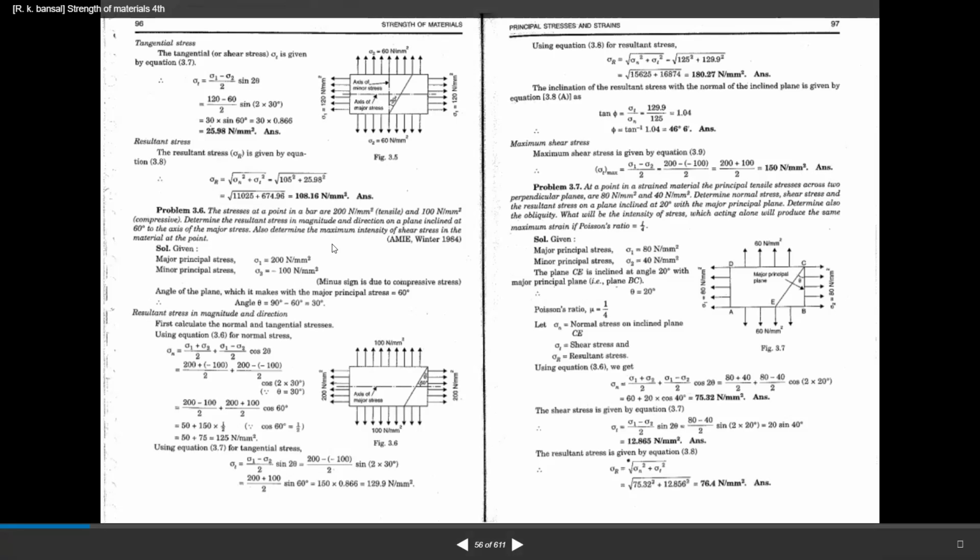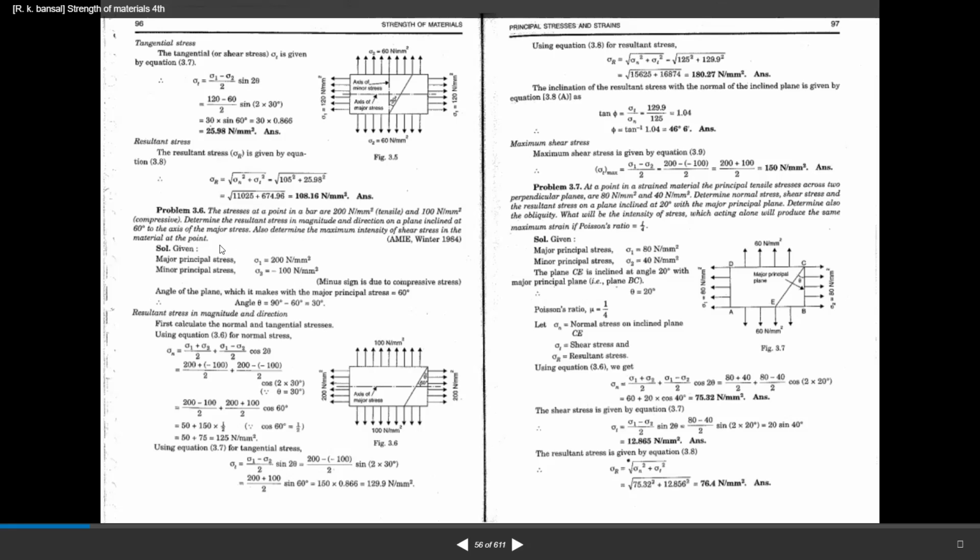Maximum shear stress to calculate, to know the first tan phi value, see the equation. Inclination of the resultant stress with the normal of the inclined plane is given by the equation 3.8a.